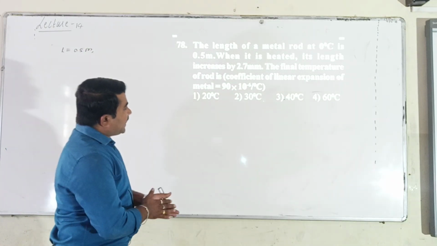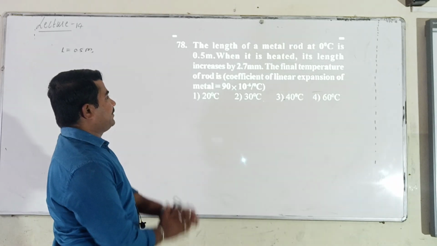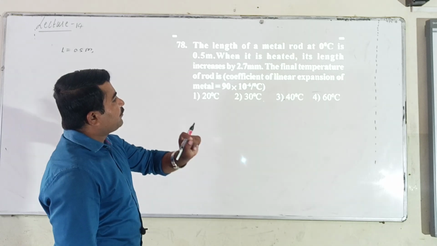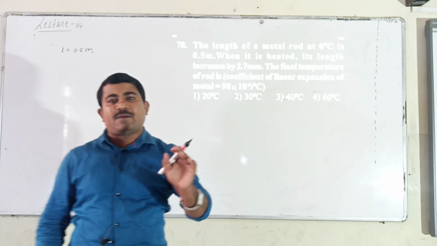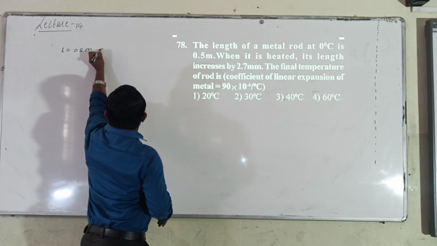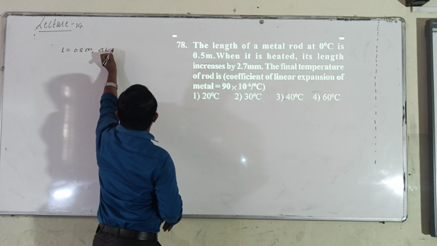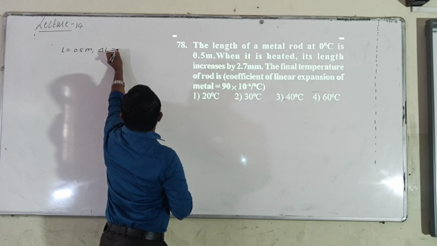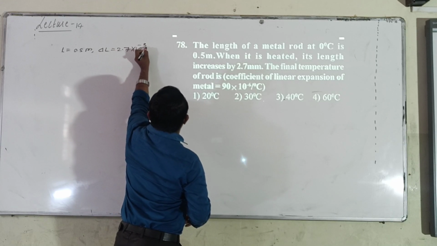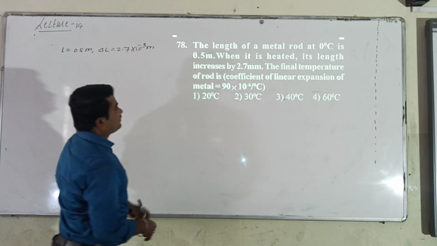When it is heated, its length increases by 2.7. Increases means delta L increases. How much does delta L increase? Delta L is 2.7 millimeter. Milli means 10 raised to minus 3 meter.